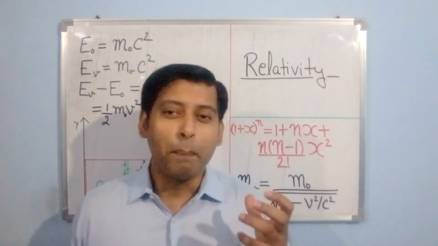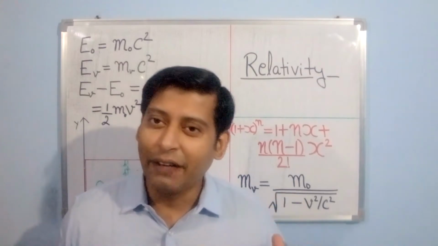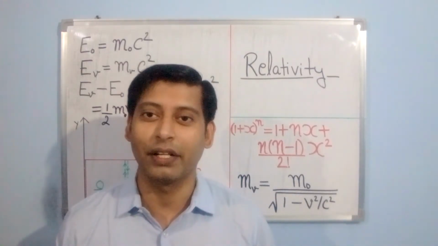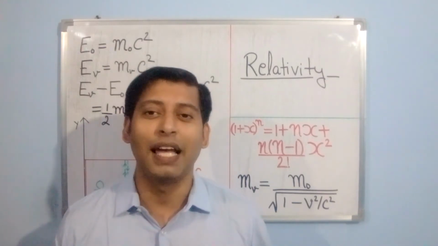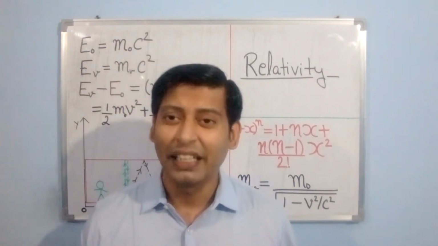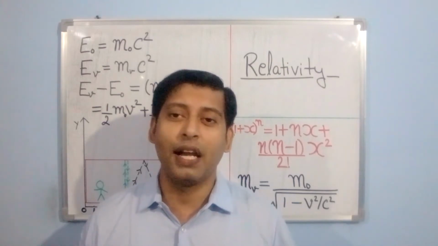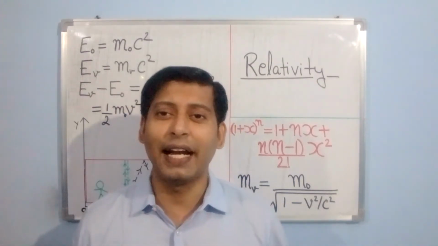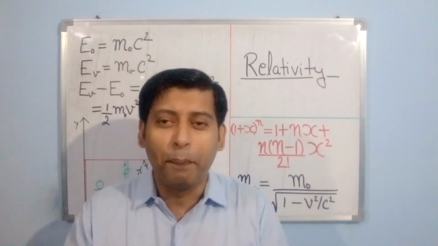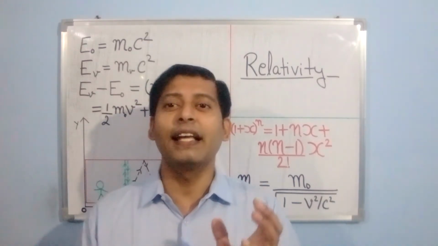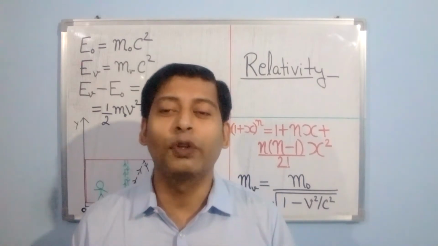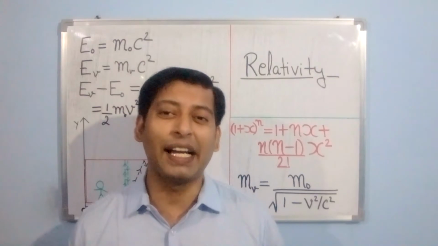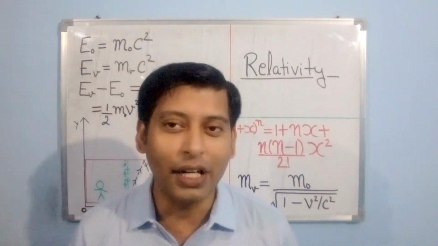Mass, as we have seen in a different video where we defined it, is the inertia, that is, it resists the applied force upon it. Now we understand that to get a body to a certain speed, we have to do a certain amount of work, which is possessed as kinetic energy by the body.